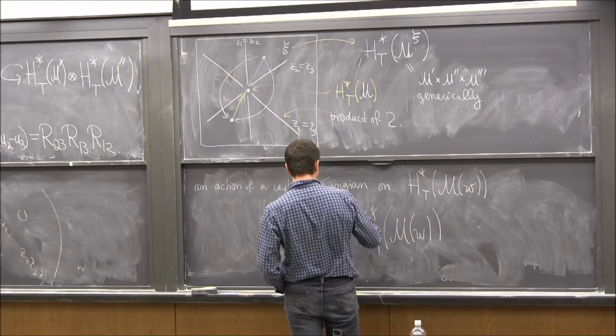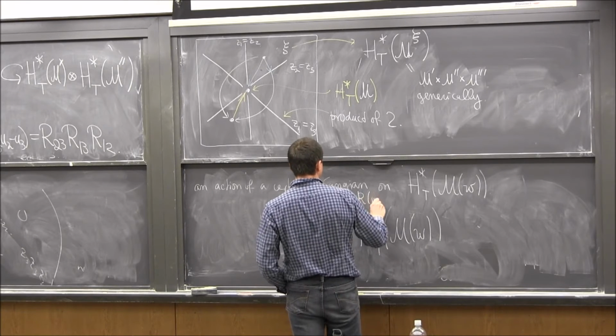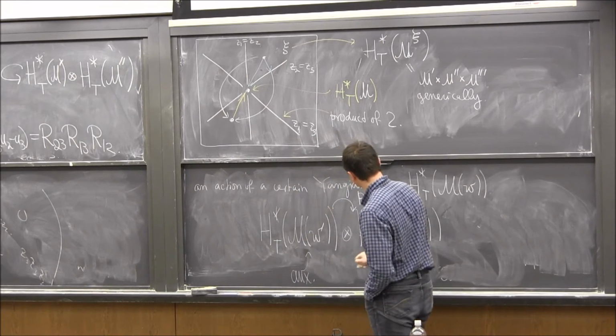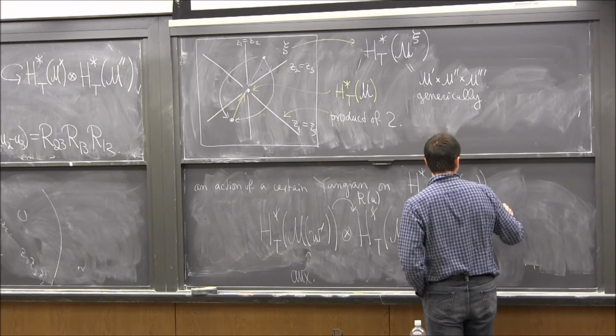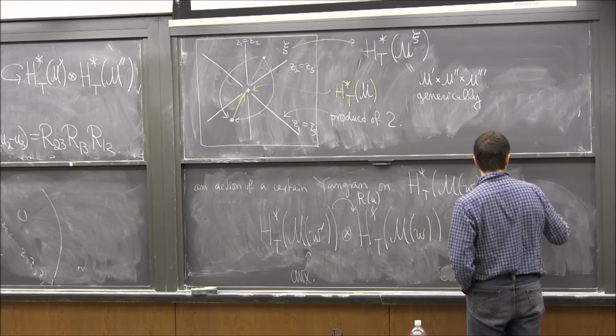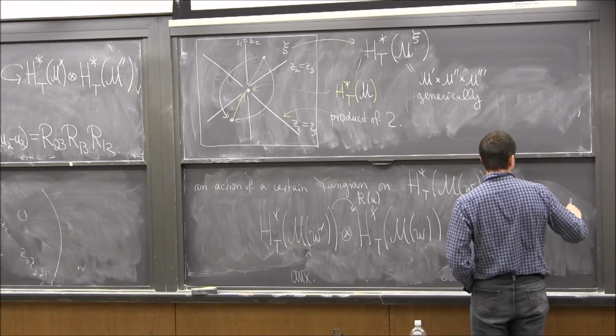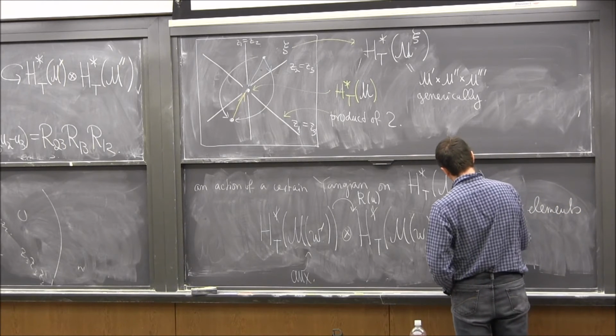You take this R-matrix acting here, and you take its matrix elements in the auxiliary space.